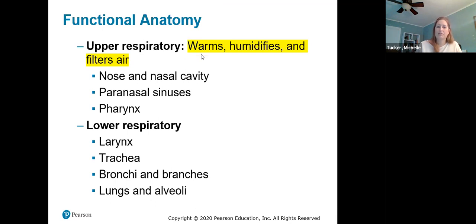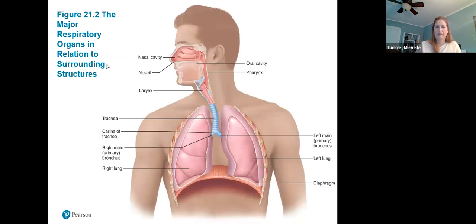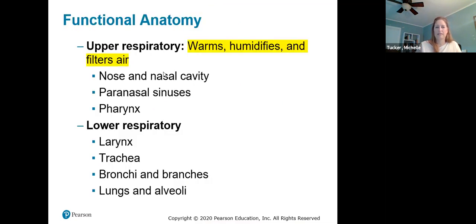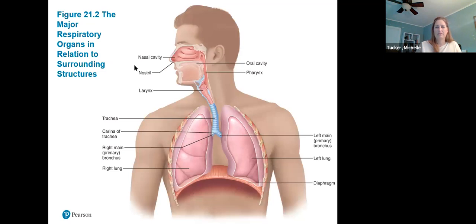The upper respiratory tract has 3 functions. It is to warm, humidify, and filter air. It is made up of the nose and nasal cavity, the paranasal sinuses, which aren't shown, as well as the pharynx.